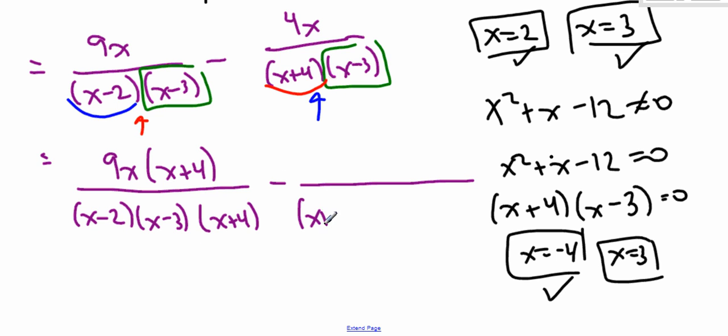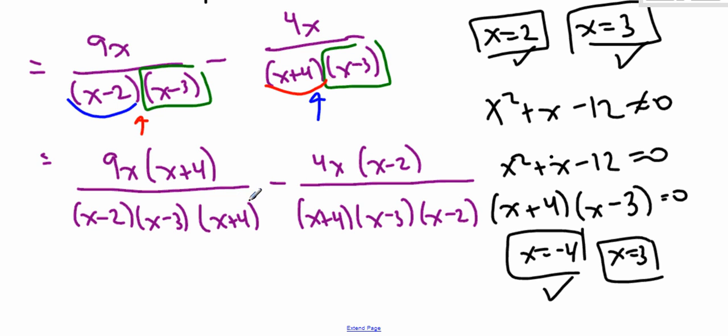So the second fraction originally had x plus 4, x minus 3, and on top was 4x. But I need to introduce this x minus 2 factor. And if I introduce it on the bottom, I have to introduce it on top. And now you can see the denominators are identical to each other. So now I can actually do the subtraction.